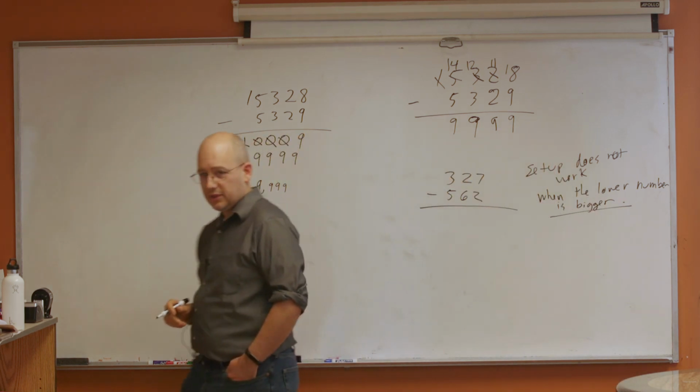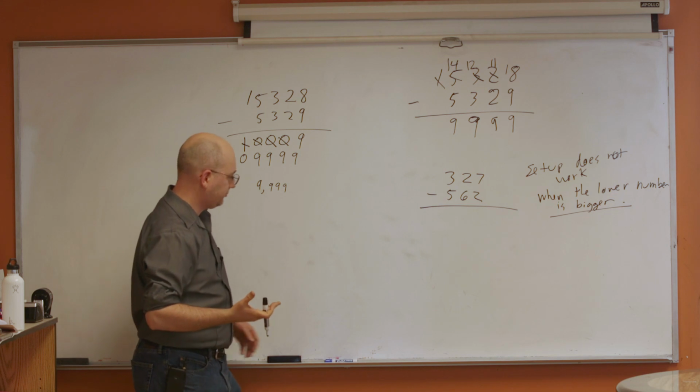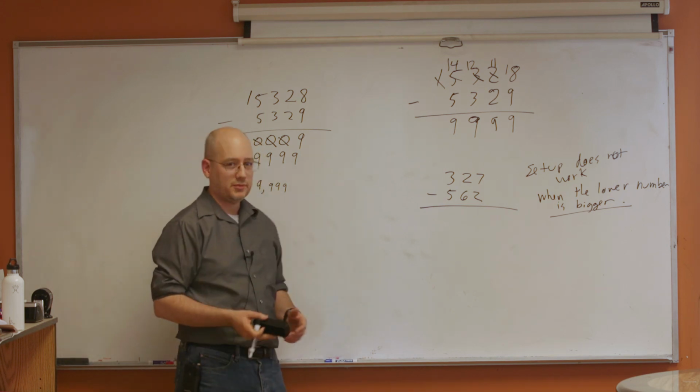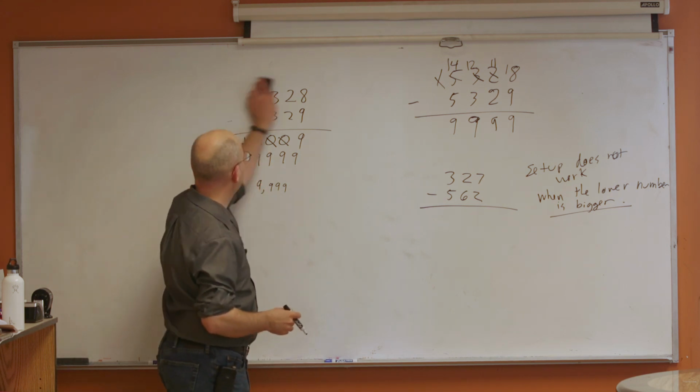It's important to kind of keep that in mind because it's easy to forget. You're just like, I've got 2 numbers, I'm subtracting them. So how do I deal with this number?